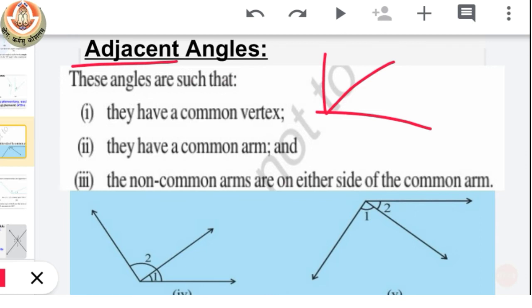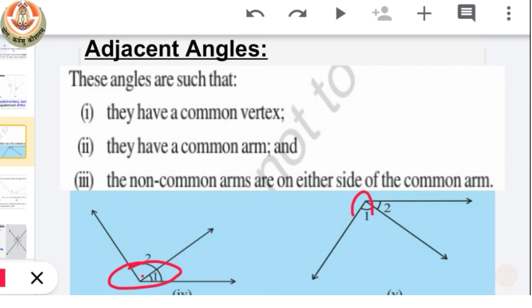The first one is that they have a common vertex. Now we all know what a vertex is. Vertex means where two lines or line segments intersect to form an angle. Here in this figure, the vertex is this point, and in this figure we have this point as the vertex.